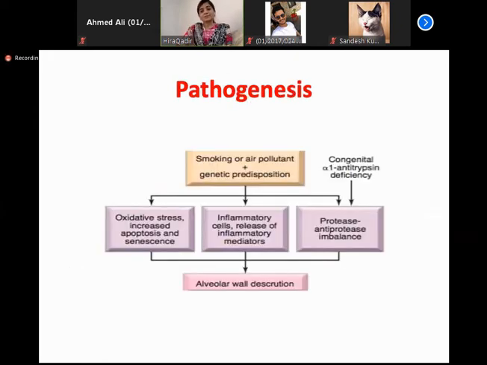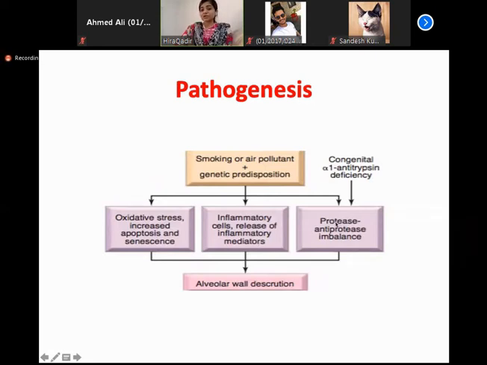This is a slide from your textbook. How does destruction of the alveolar wall occur in emphysema? Whenever there is any irritant, whether smoking, air pollutant or chemical irritant, or there is genetic predisposition due to alpha 1 antitrypsin deficiency, there is damage, oxidative stress and increased apoptosis, which cause inflammation, release of inflammatory mediators, and release of protease.